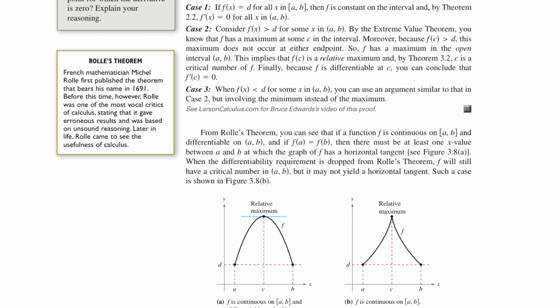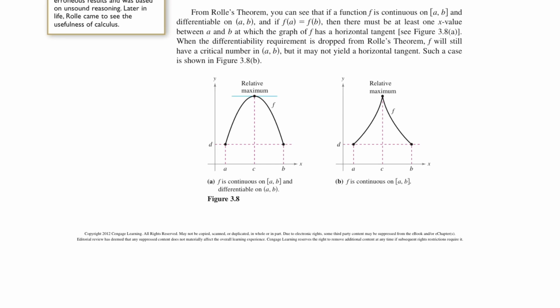The easiest way to show it is with this picture here. If you look at the left-hand side, from a to b, it is continuous, it is differentiable, and if I set the derivative equal to 0 and solve, I get c, whatever c is. So that is how this theorem works.